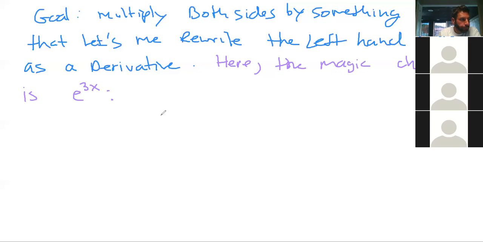So I have y prime e to the 3x plus, if I rewrite this instead of in the order I did on the previous page, y times 3e to the 3x. And on the right-hand side, I have 11e to the 3x.